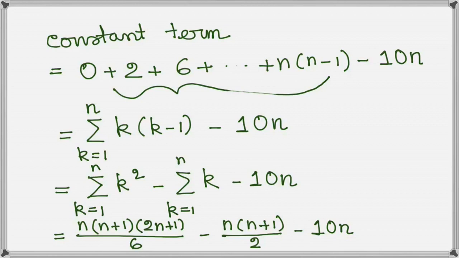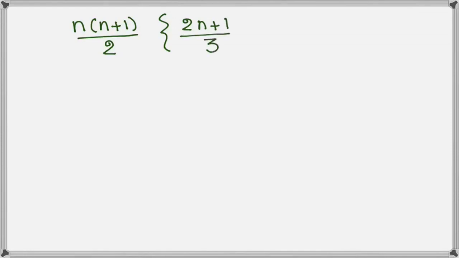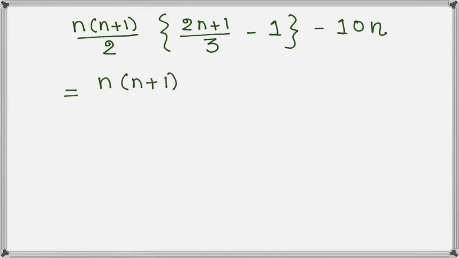Now after simplifying we get, let us first take n into n plus 1 divided by 2 out. This is 2n plus 1 divided by 3 minus 1, and this is minus 10n. So therefore we have here n into n plus 1 into n minus 1 divided by 3 minus 10n.